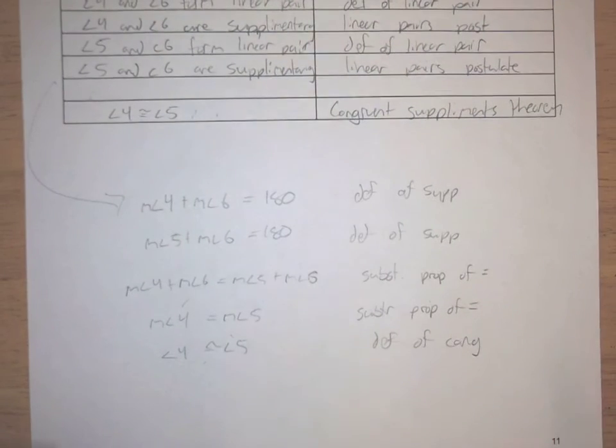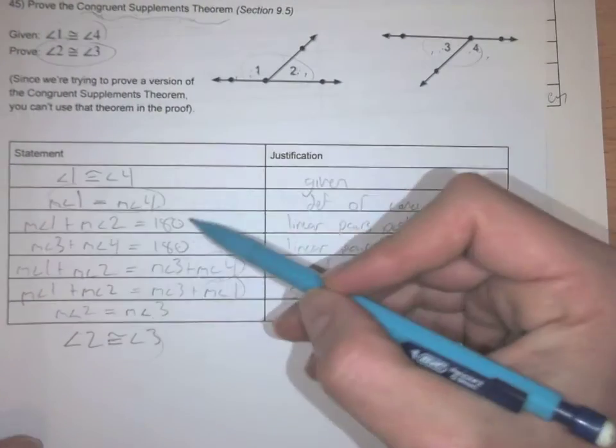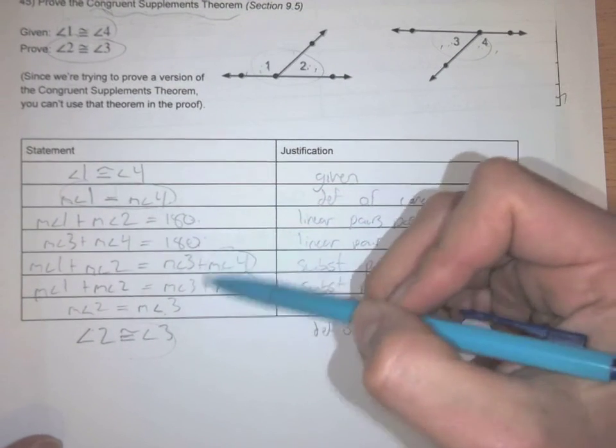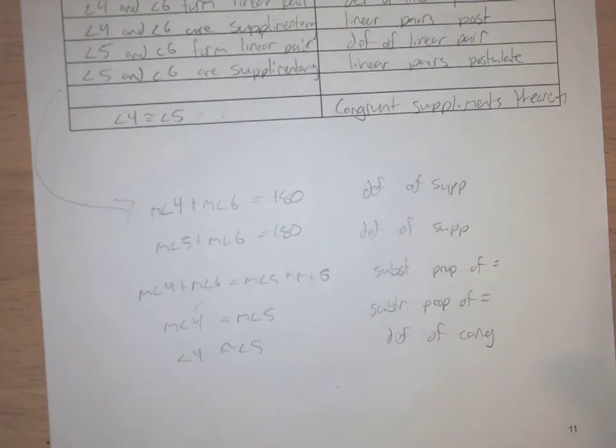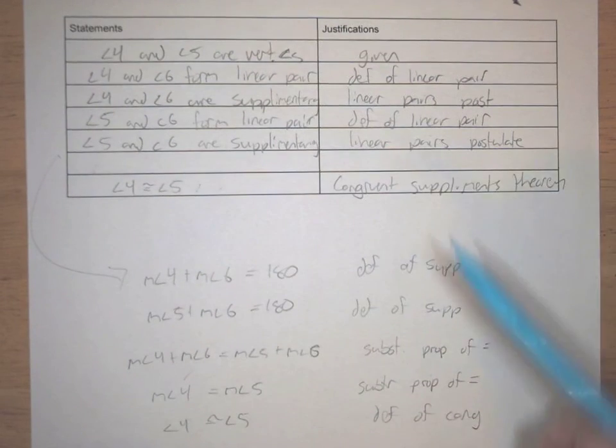But what you would be doing is basically doing some of the previous proof, the proof of the congruent supplements theorem. Notice it's basically the same proof. They equal 180, so they equal each other, and you subtract out the angle you don't need. But since we already did all that work and we called the theorem, then we can just use that theorem.